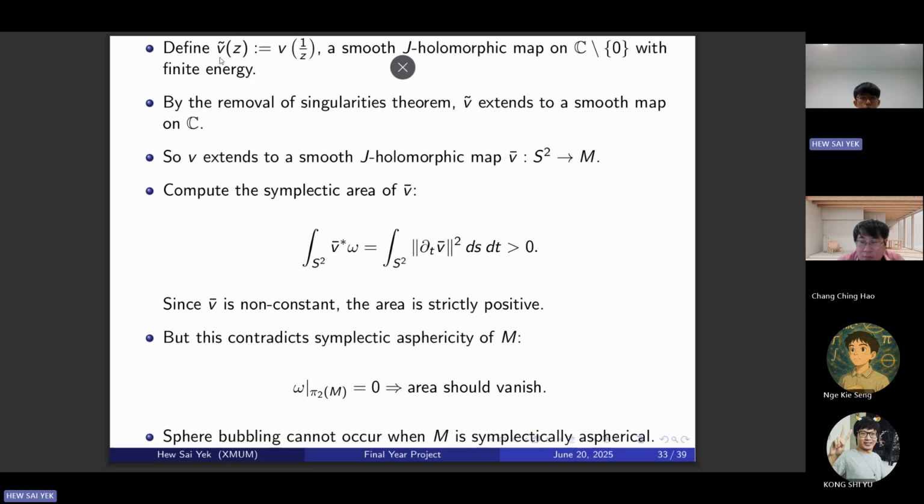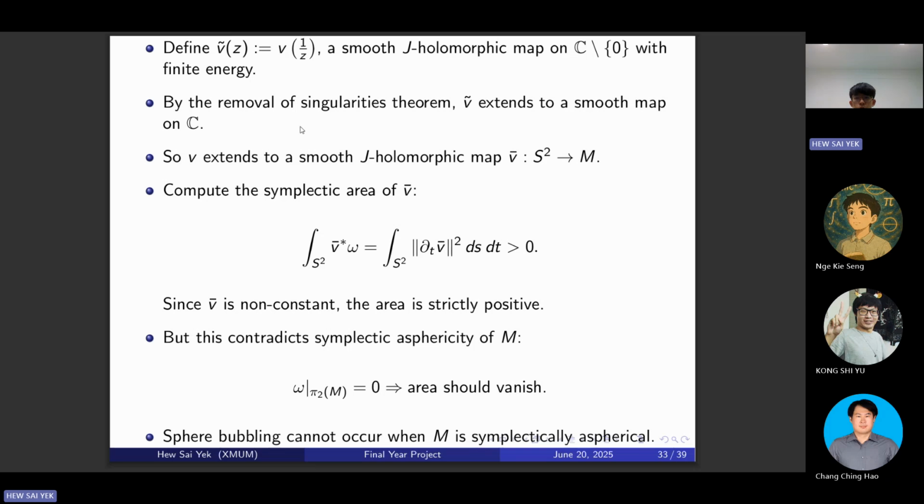We define V_k equal to V_1 over Z, so it is smooth. Then by the removable singularity theorem, it can extend to a smooth map on C. So we can get a non-constant holomorphic curve from the sphere to M, and its symplectic area is positive, so it is non-constant.